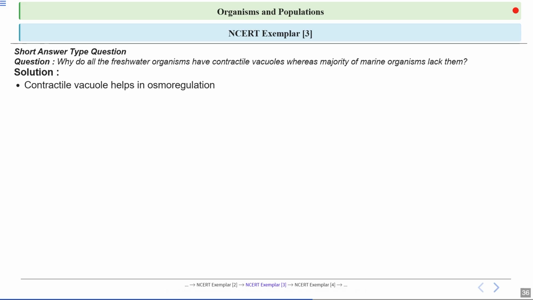Contractile vacuoles act like tiny water pumps inside the cell, helping the organism control the amount of water inside. It is a key player in osmoregulation. This is how the cell maintains the right balance of water and salts.